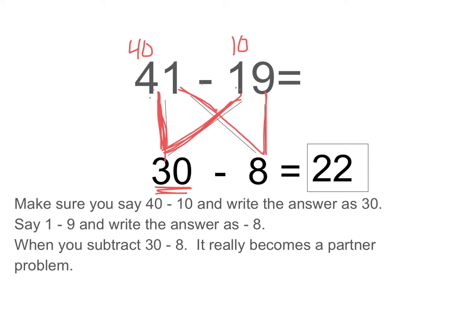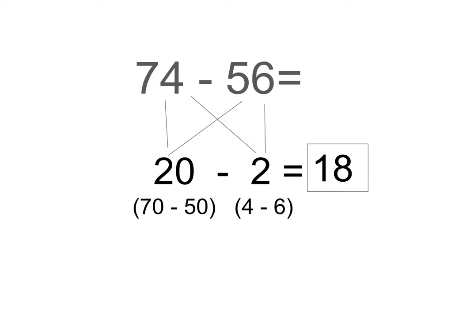Notice the 9 is larger than the 1, so it's going to be a negative 8. So 30 minus 8. 8's partner to the next 10 is a 2, so 30 minus 8 is 22. Great job.